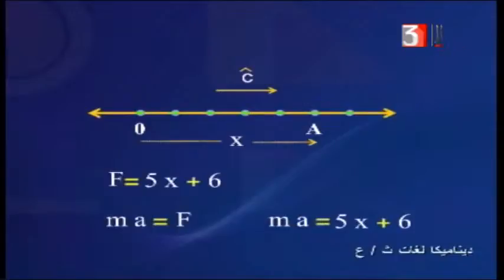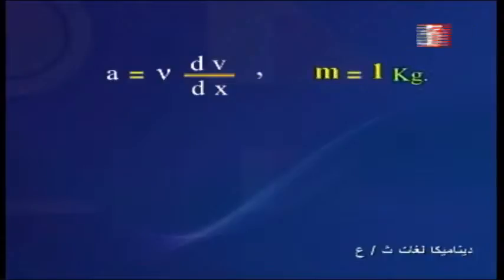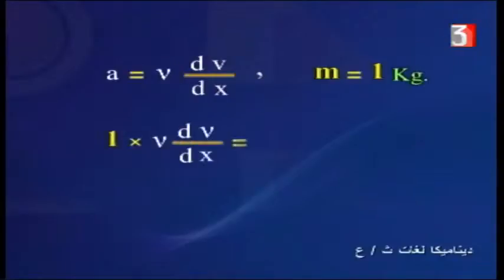We know that the acceleration A equals v dv/dx, and the mass of the body equals 1 kilogram. Then m times A equals 1 times v dv/dx equals the force F, which equals 5x plus 6.